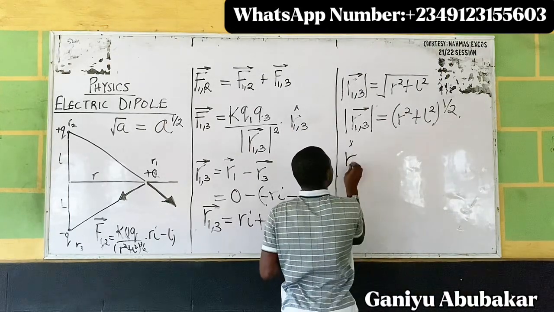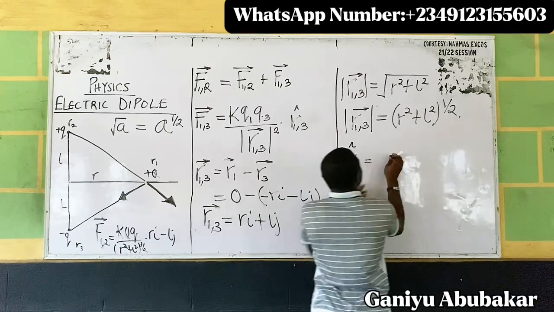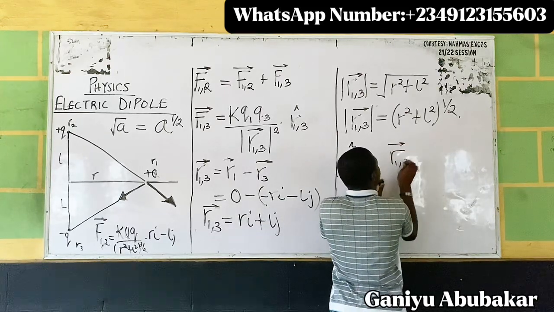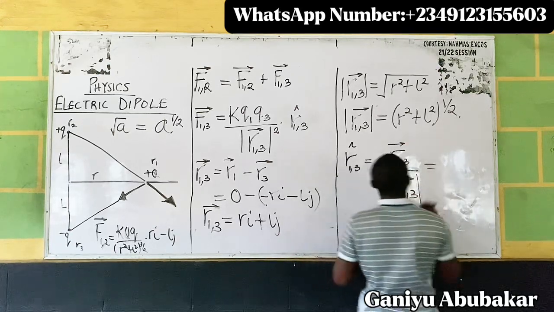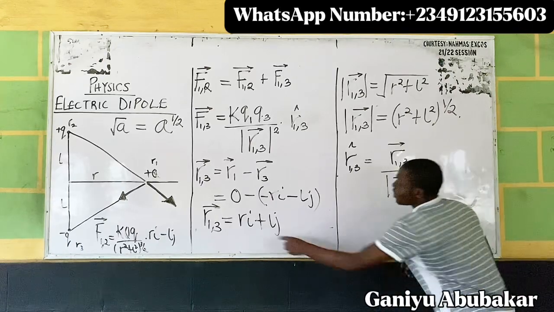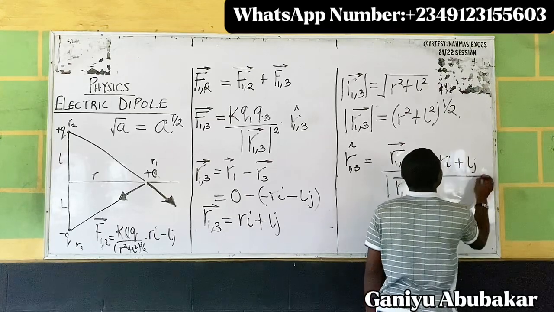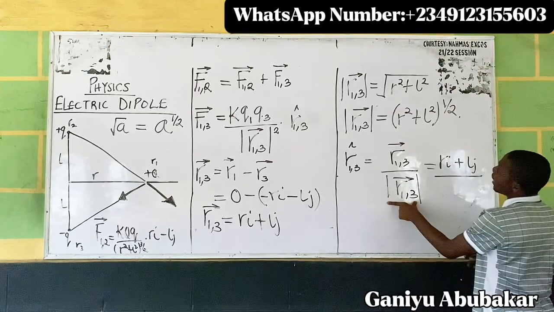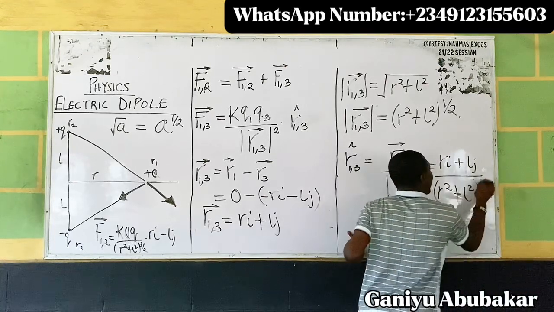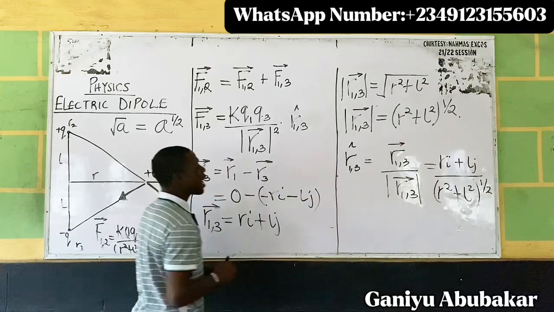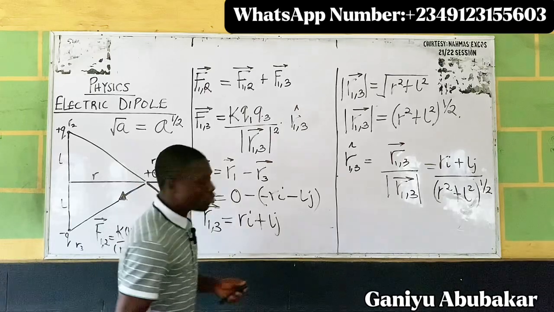Unit vector of r13 is equal to position vector of r13 all over the magnitude of r13. This is now equal to ri plus lj all over r squared plus l squared all to power half. Let's put all this value in here and get f13.